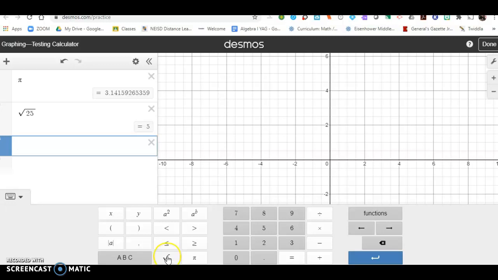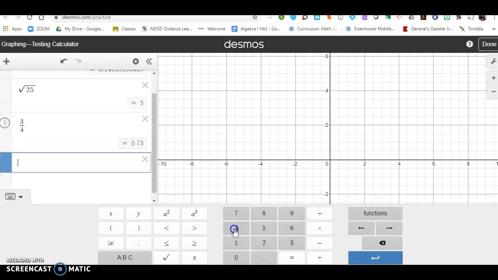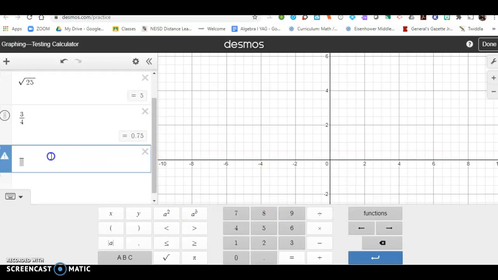To input a fraction, let's say I was trying to convert 3/4 into a decimal. I can say 3 divided by 4, and it automatically sets it up as a fraction for me. I can hit enter, and it keeps my answer there. Or I can go straight into the divide, and it sets up a fraction for me because it knows that fraction means divide.